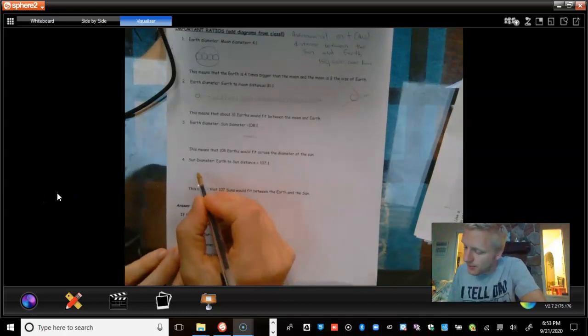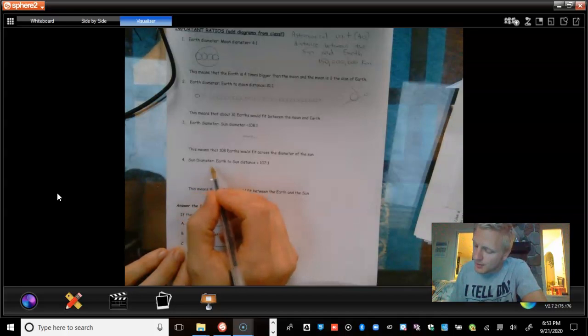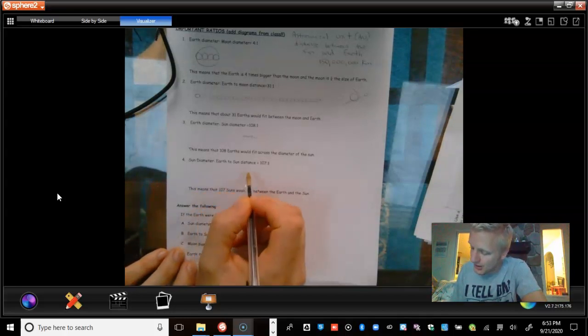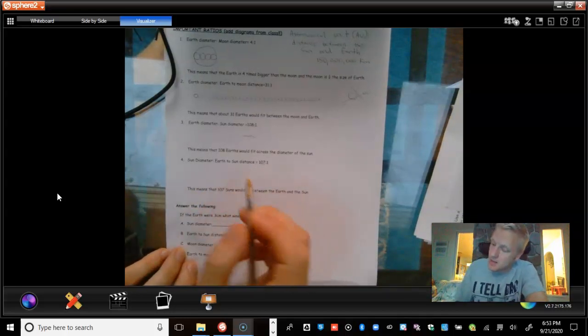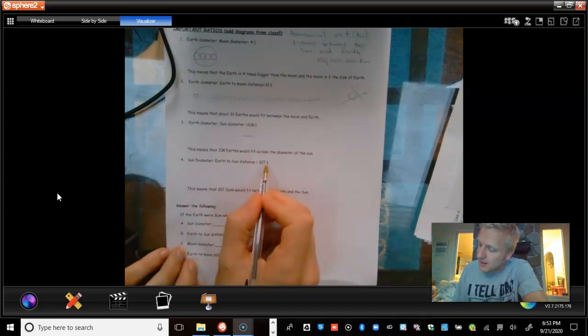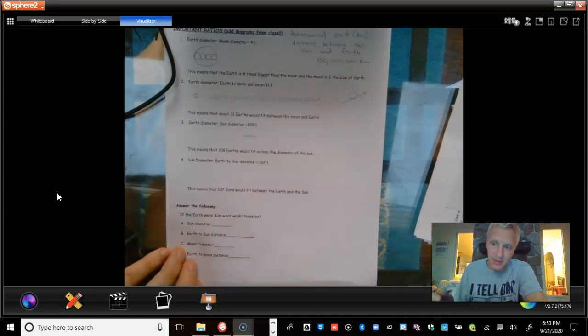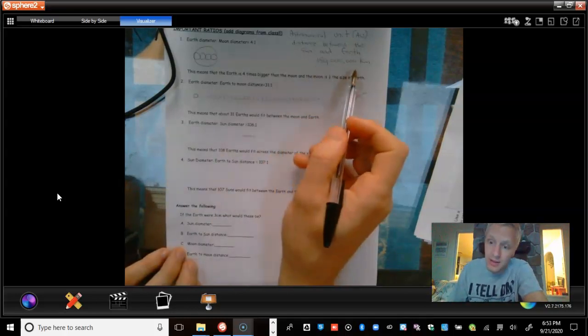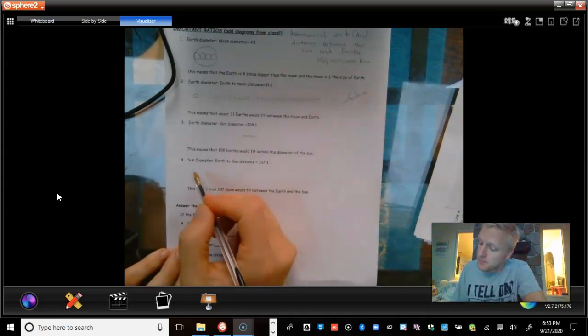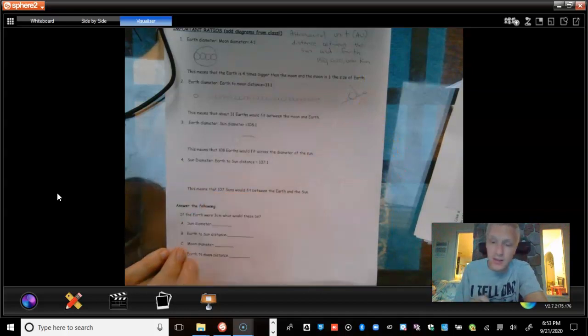Alright, moving on to the next one. It says Sun diameter to Earth to Sun distance. So what this is saying is, if you have one distance between the Earth and the Sun, that's 1 astronomical unit, that's 150 million kilometers, you're going to need 107 sun diameters.